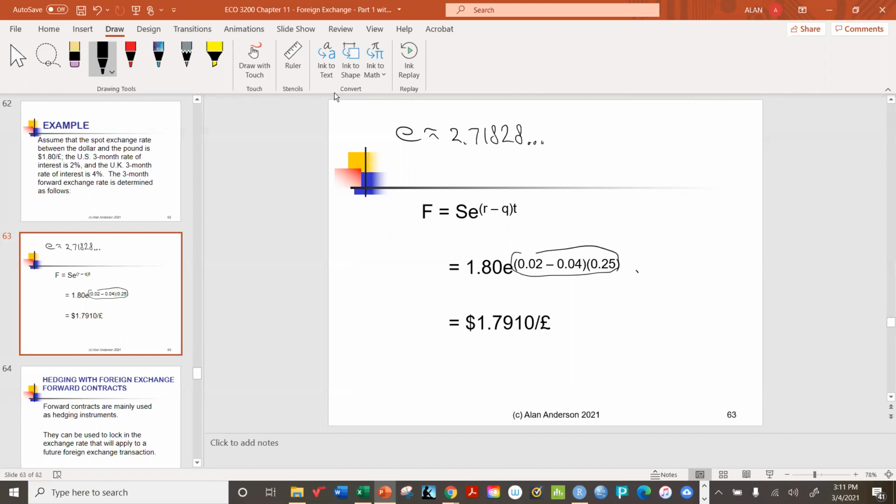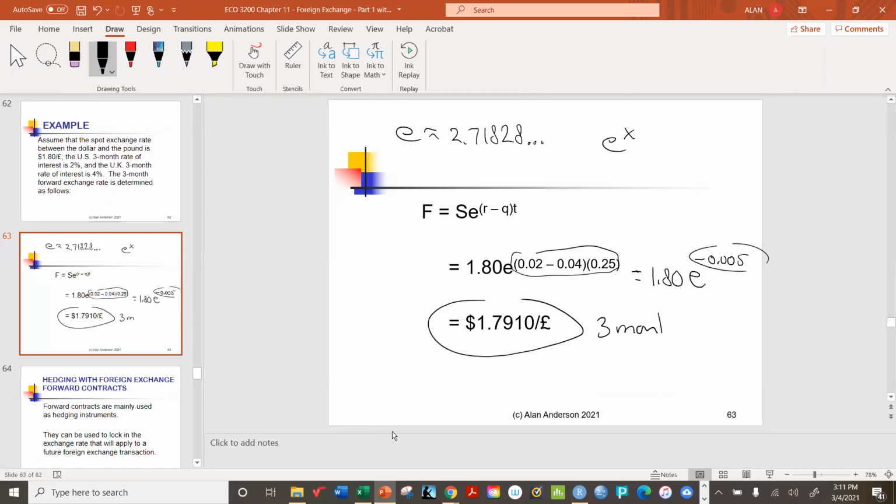So what you're actually doing here is 1.80 times e to the minus 0.005, which you can do on your calculator. Any decent calculator will have a key on it labeled e to the x. And so this is my forward exchange rate. This is the 3-month forward exchange rate, which means if I want to buy pounds for delivery in 3 months, I would expect to pay $1.791 each.